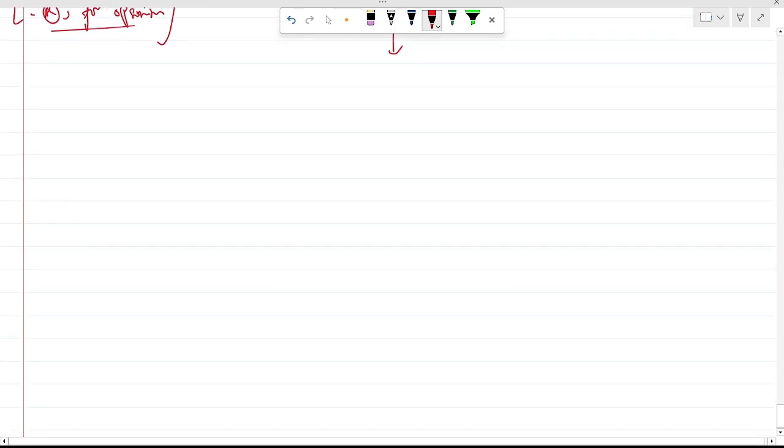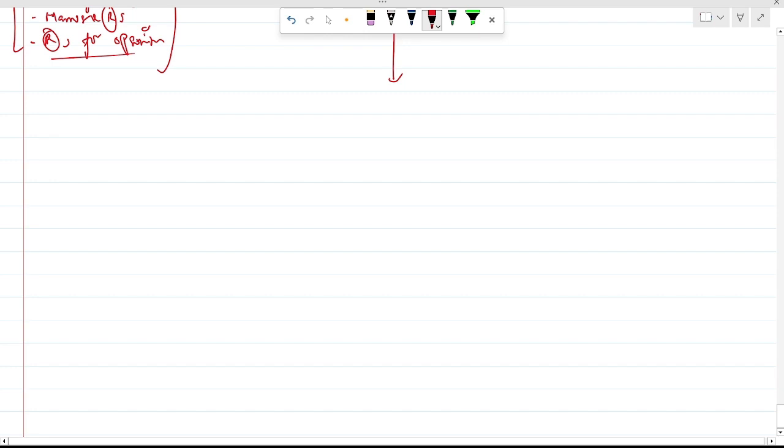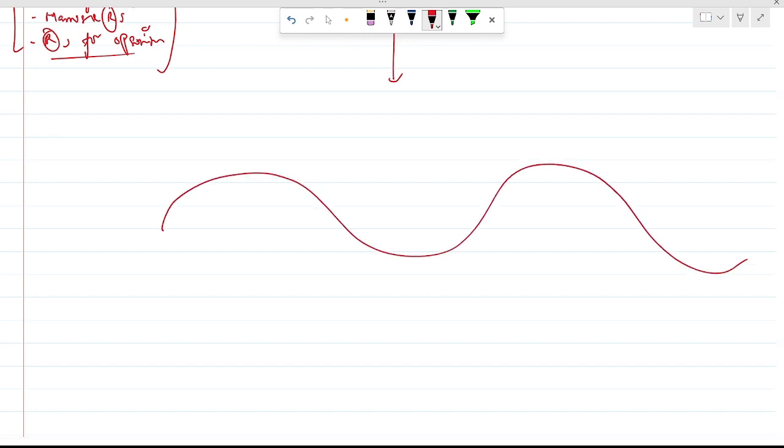Here in this engulfment, suppose this is the neutrophil leukocyte. These are the pseudopodia. Remember, pseudopodia are used for engulfment, especially by the neutrophils.